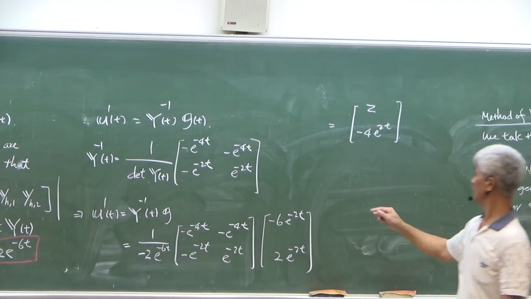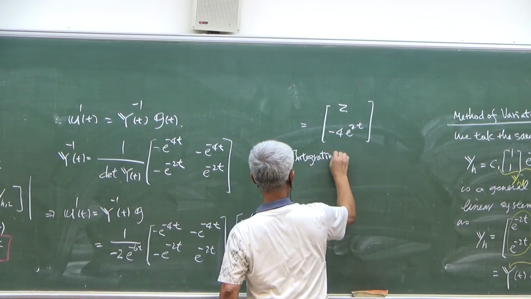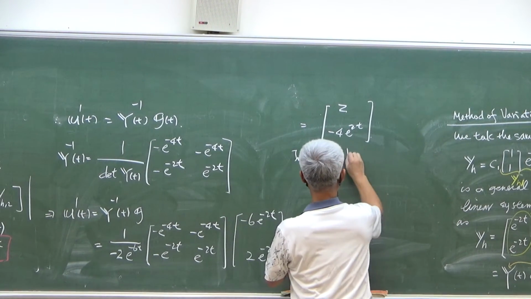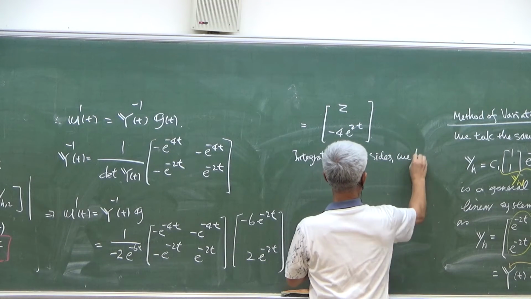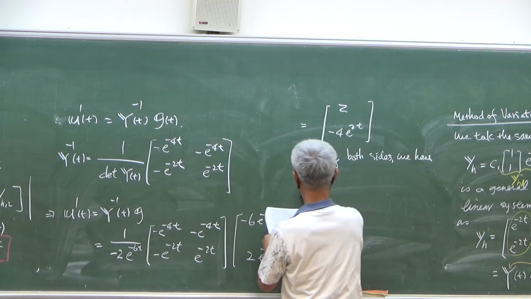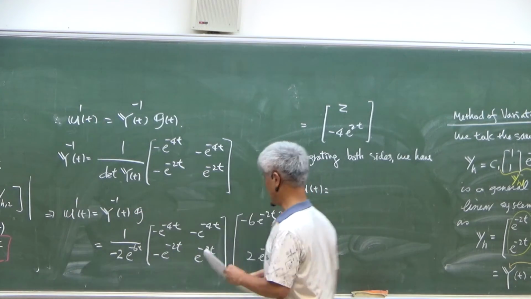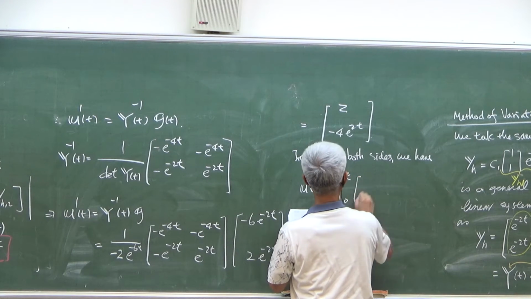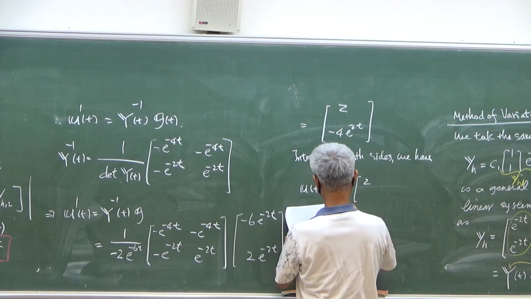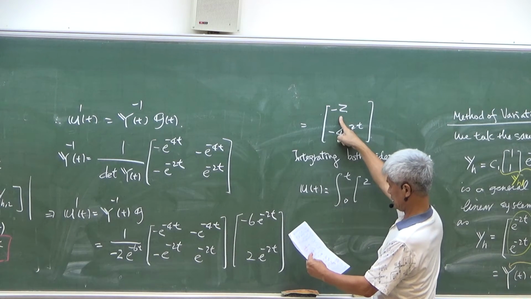Okay, so you have integrating both sides. We have the U prime, so we integrate both sides. Oh, minus 2, I'm sorry. Is that correct?